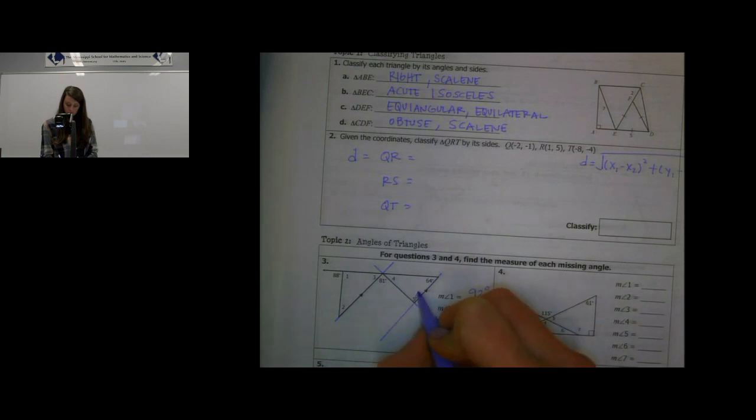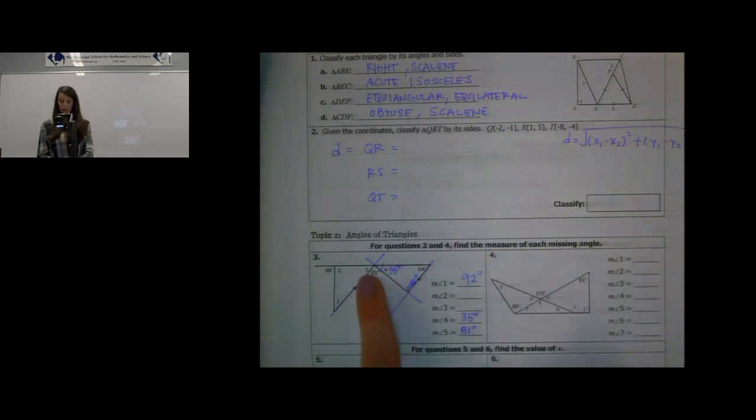Okay, so if angle 5 there is 81 degrees, now I can go back and find angle 4. Okay, so you may just have to go backwards. Whoops, I'm sorry, I didn't realize this was crooked. So 180 minus 64 minus an 81. So angle 4 there is going to be 35 degrees. Okay, so now angle 3 plus 81 plus your angle 4 are going to be equal to 180 as well, because those are all linear pairs.